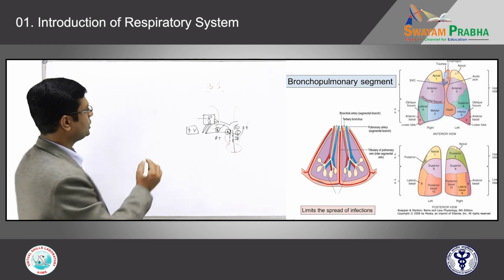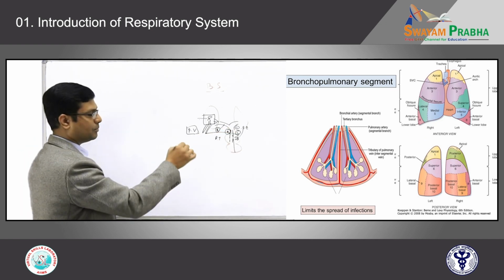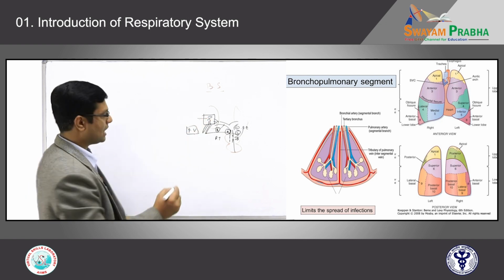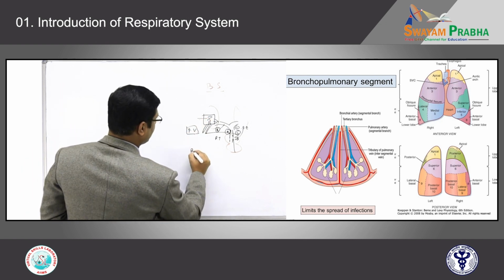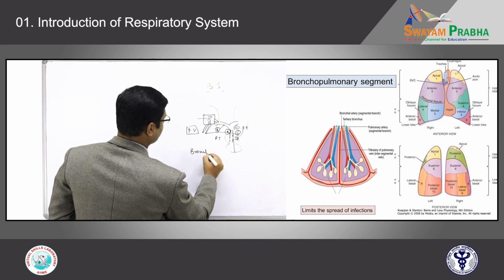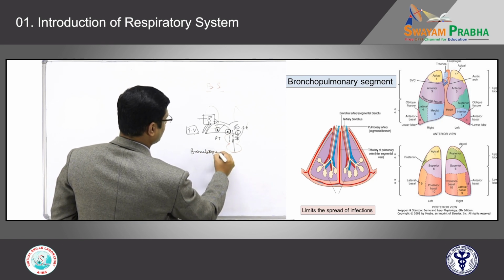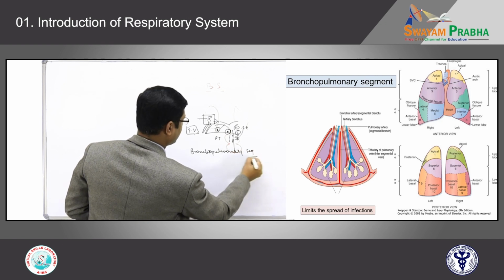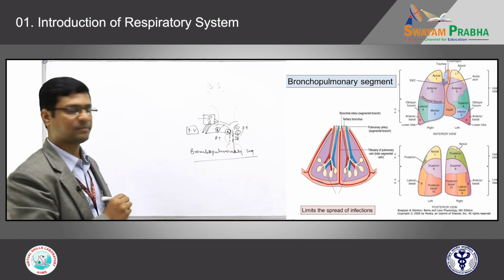Before I go into detail about the circulation at the parenchymal level, I will talk a few lines about the bronchopulmonary segment. This is very important. What are these bronchopulmonary segments?